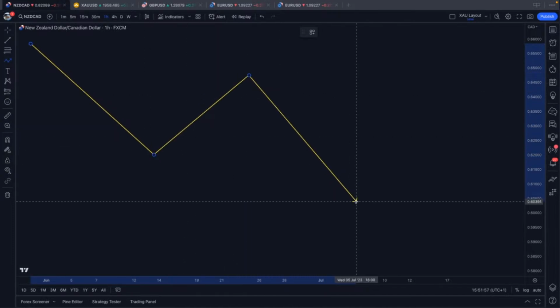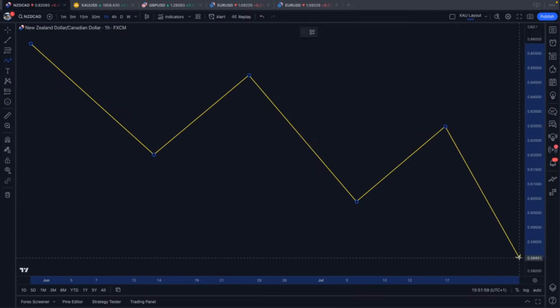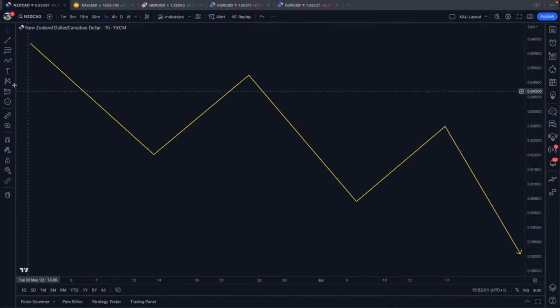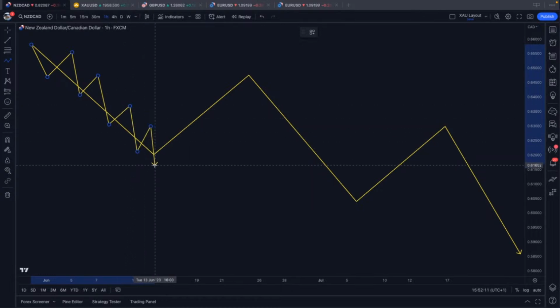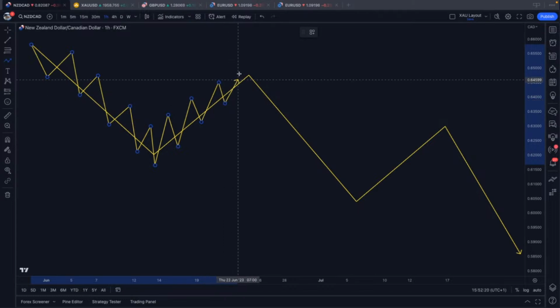So obviously this is clear bearish structure. But within this bearish structure, we are going to have multiple structures, yeah. So we'll go here. So break of structure to the upside. Yeah, and we can expect this to continue.